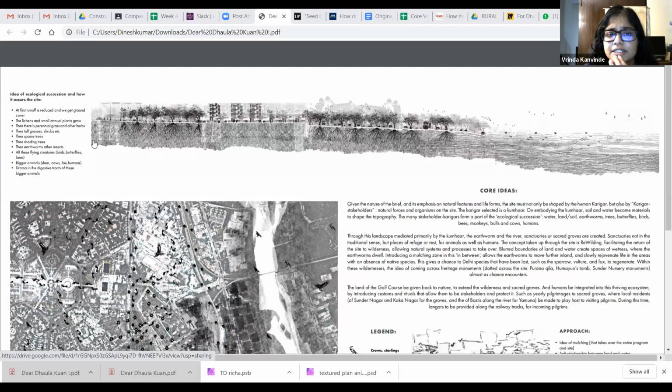Essentially this concept of rewilding the site, of bringing back the forest into the city and bringing back species that Delhi has lost, including sparrows and foxes and vultures.